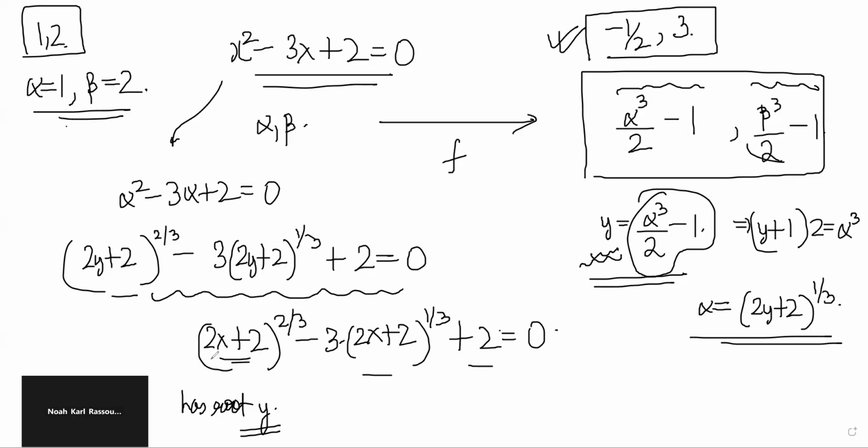If you put minus half, you will get 1 here, so 1 minus 3 plus 2. See, it is 0, so it is a root, right? And let's check whether 3 is a root or not. See, 8 to the power 2 by 3 is becoming 4, right? 4 minus 3 into 8 to the power 1 by 3, which is 2, plus 2.